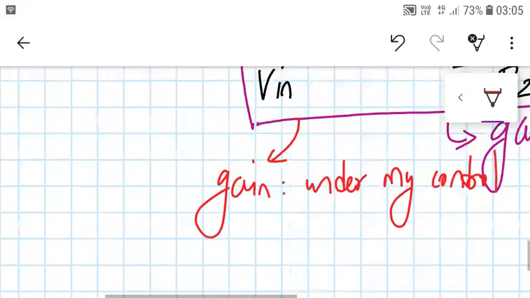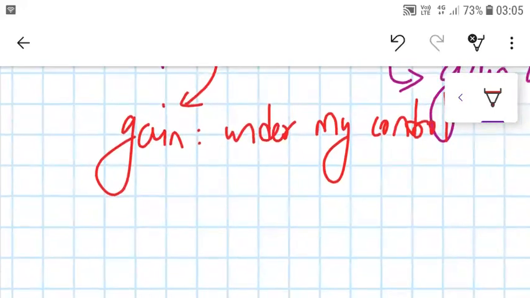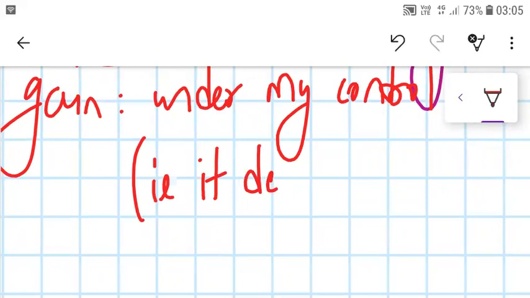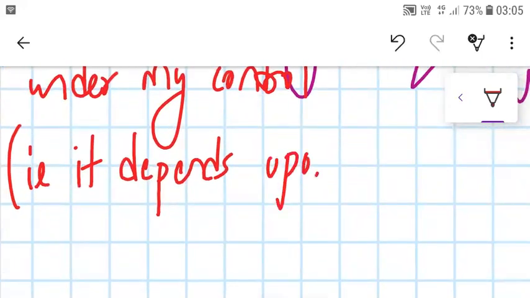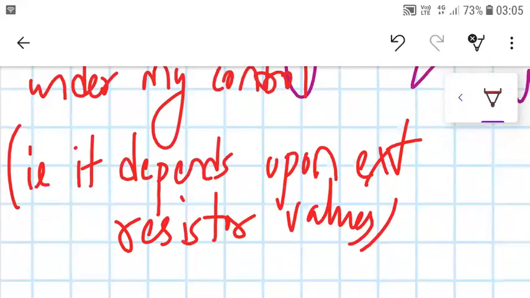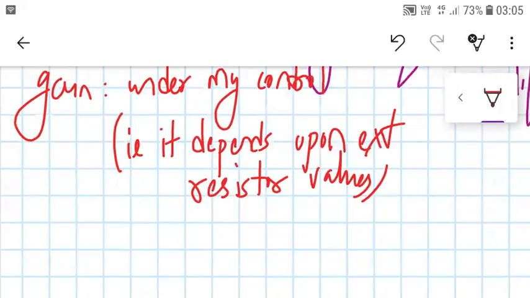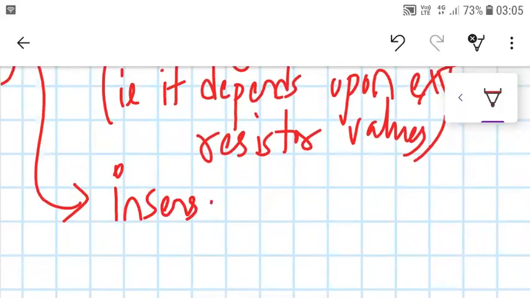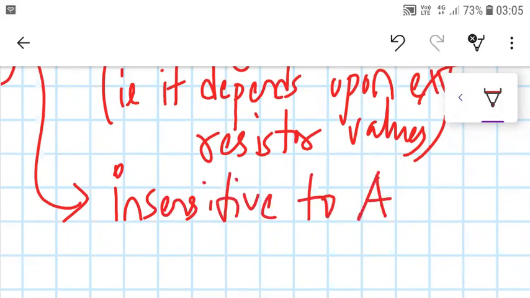So gain is under my control, and it depends upon the external resistor values, and this same gain is insensitive to A. And what is A?